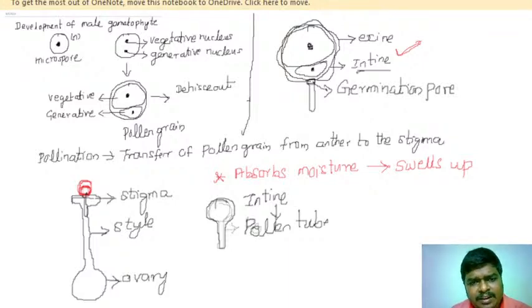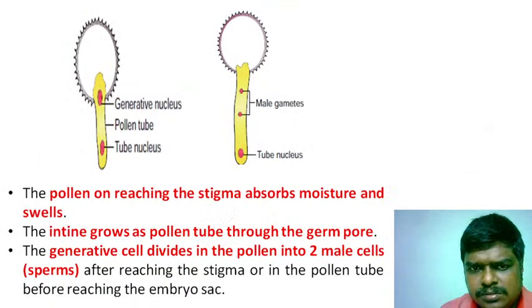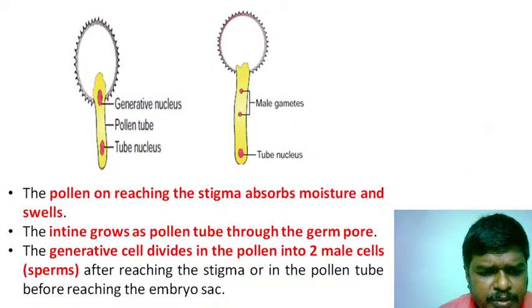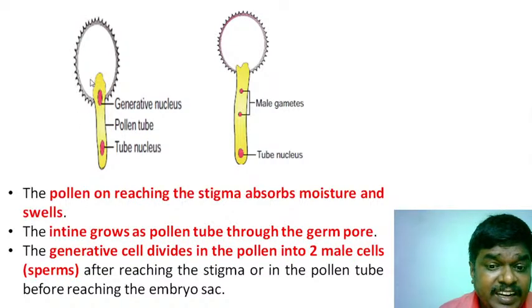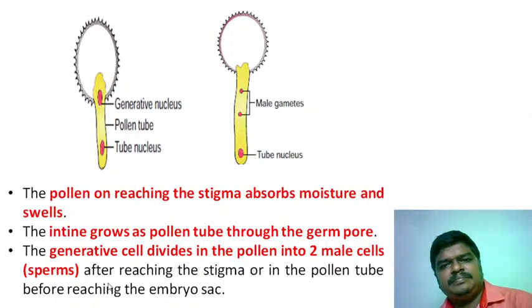Now what will happen inside that? The pollen tube here, what you are seeing here, is formed by the intine. Inside that, the generative cell divides.